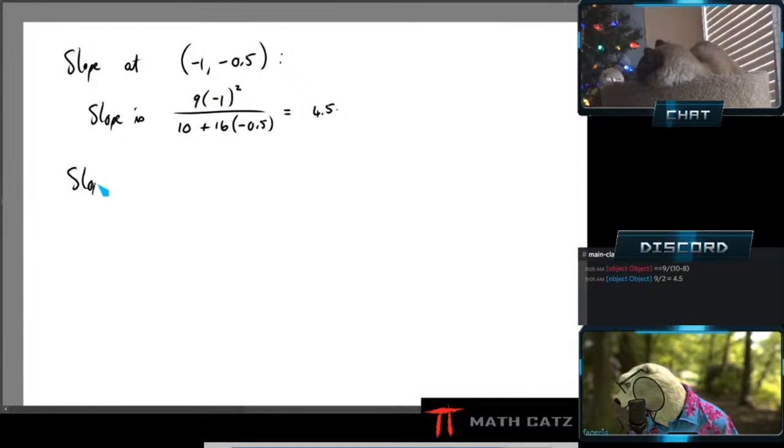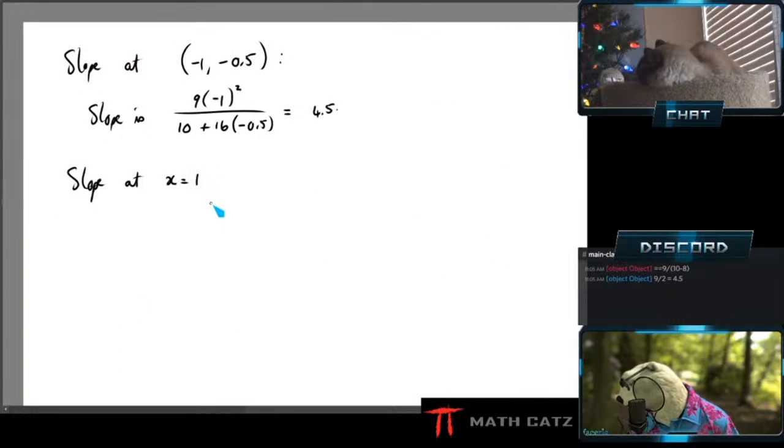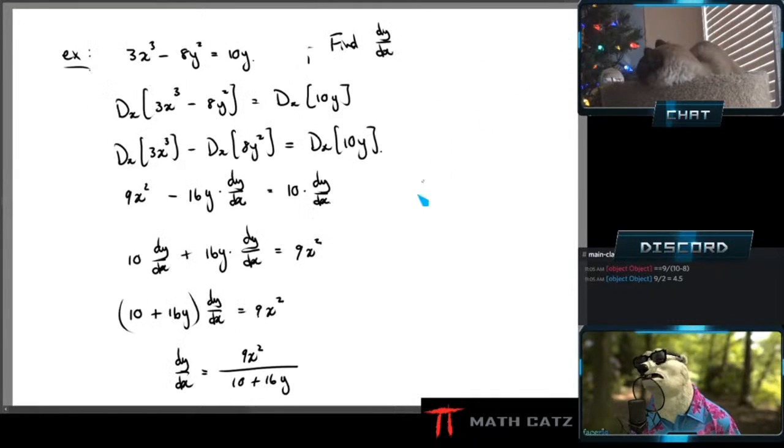What if they ask, just so I can prepare you, slope at x equal to, what did we say? Maybe 1. Now the problem is for that, I need both the x and the y coordinate to find the derivative at that point, which is the slope of the tangent line.